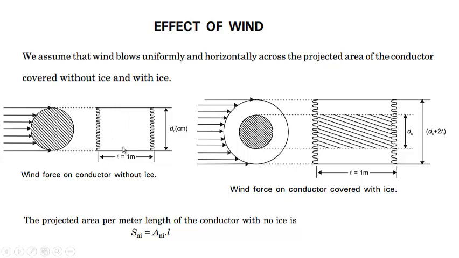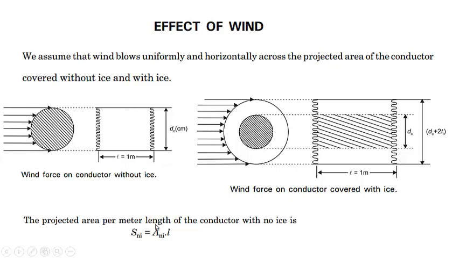So from here to here, you can see the area will be equal to dc into L, the area for the wind which is available to strike, because we're assuming this to be the side view, and from this side wind is blowing from my face into this page. So that wind is facing this much of the area, as we are assuming L is equal to 1 meter, or if it is only L, then the area that is faced by the wind will be dc into L.